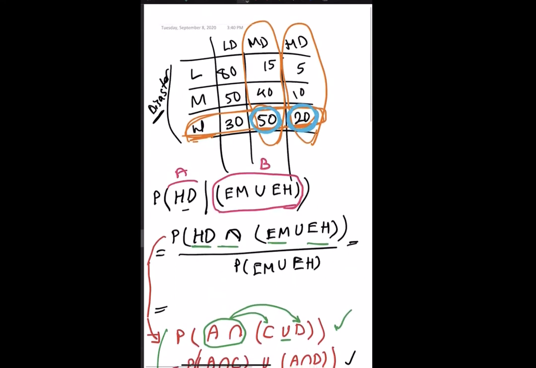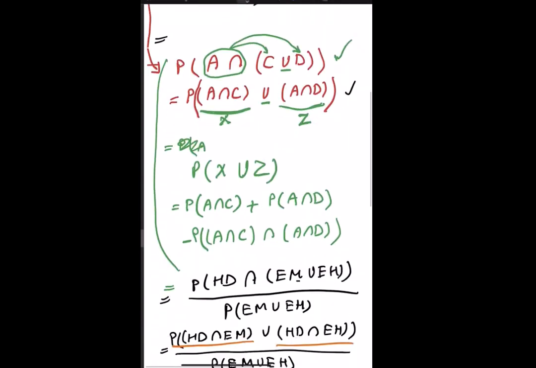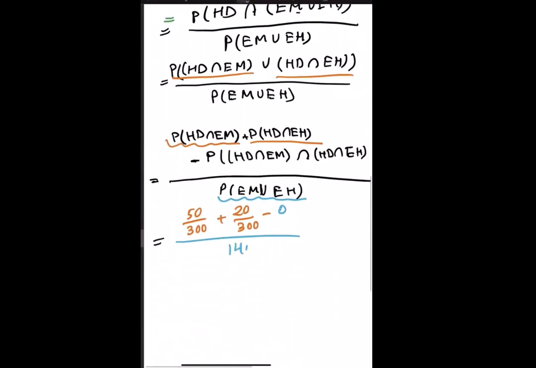Where are we? Earthquake has moderate level or high level? Which columns or rows? Columns 2 and 3. And those are 70, 50, 120, 130, 140, I believe. Actually 70 over 140.